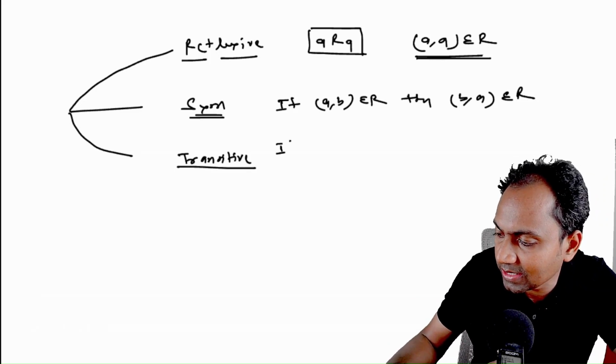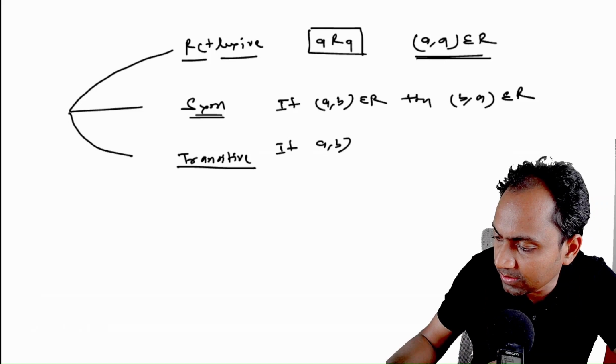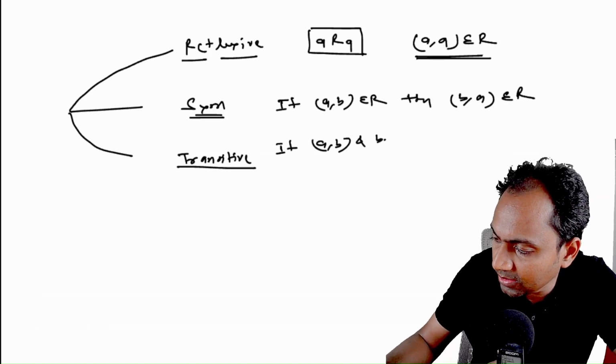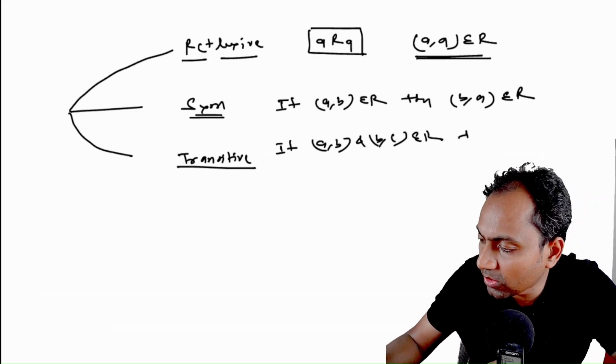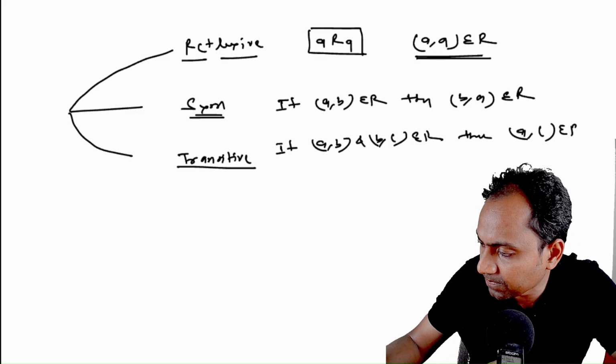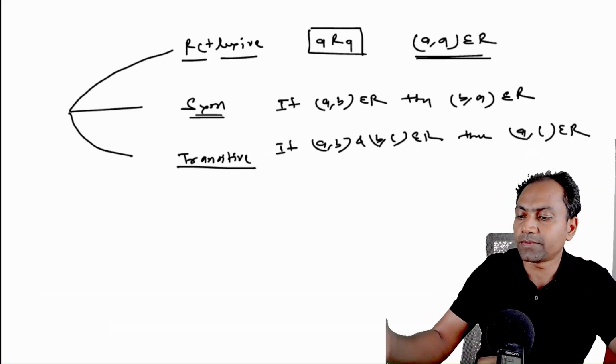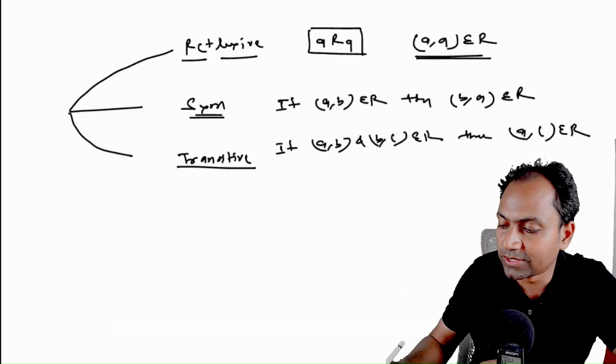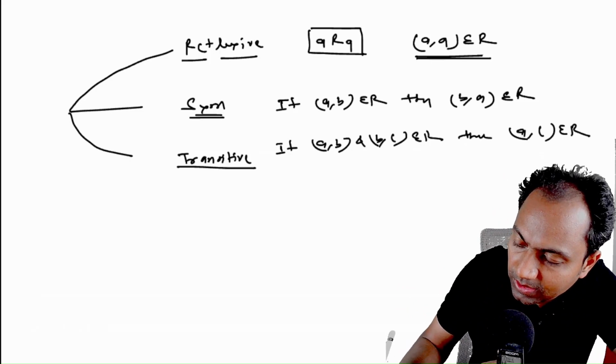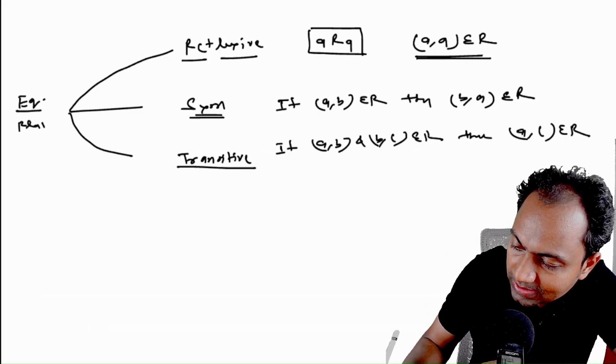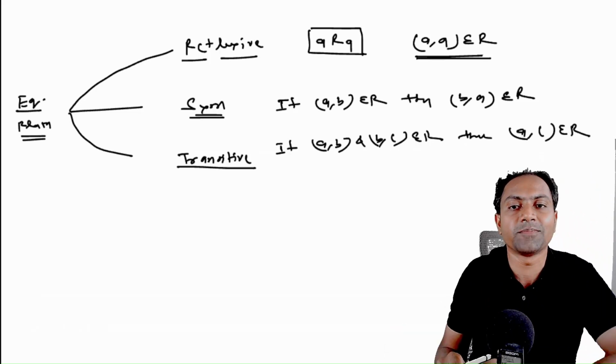It says that if (A, B) and (B, C) both belong to R, then it will be called transitive if (A, C) also belongs to R. If a relation follows all of these 3 conditions, we call it an equivalence relation. This is the question that is asked in different contexts in board exams.